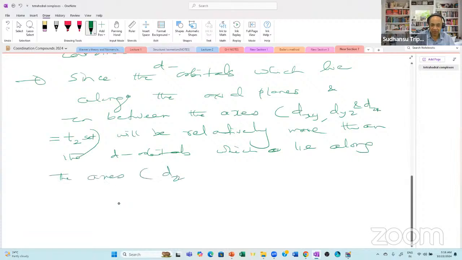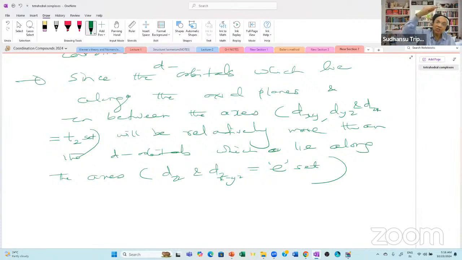That is dz square and dx square minus y square. Here it is called E set, not Eg. It will be opposite of the splitting that we found in case of octahedral field. T2 will go above because their lobes are lying in between the axes which are relatively closer.